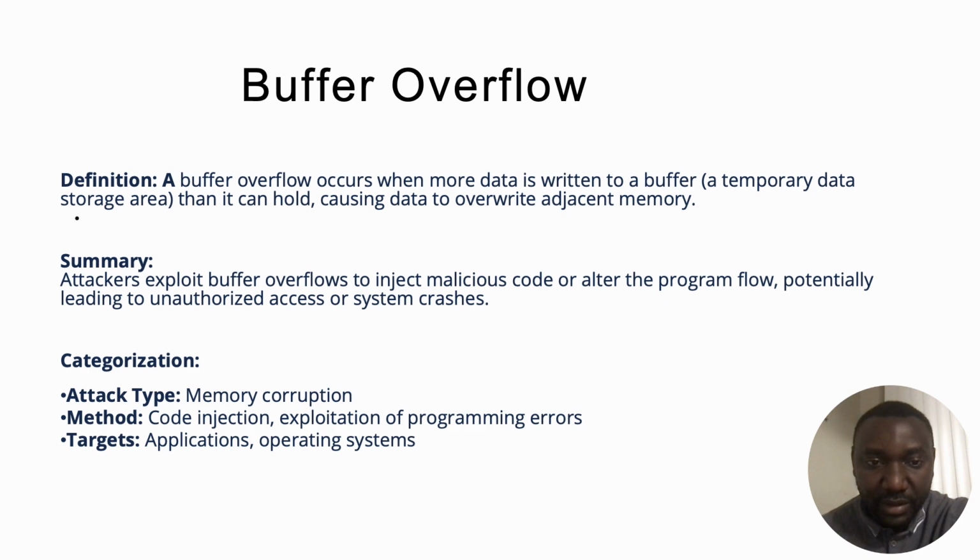As a summary, the attacker can exploit this to inject malicious code or alter the program flow, potentially leading to unauthorized access or system crashes. As a categorization, this type of attack is memory corruption. What it uses is code injection and exploitation of programming errors. This type of attack targets applications and operating systems.